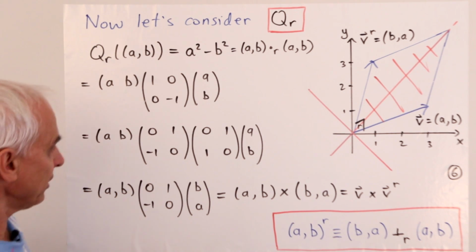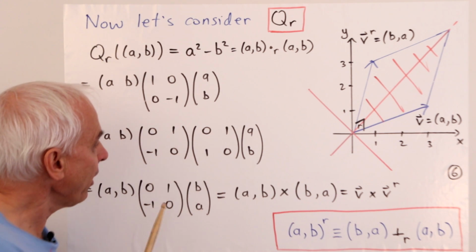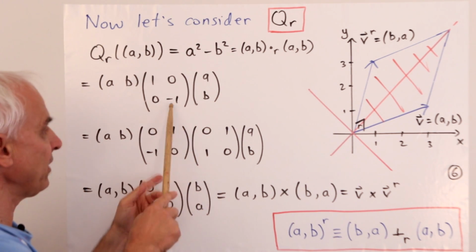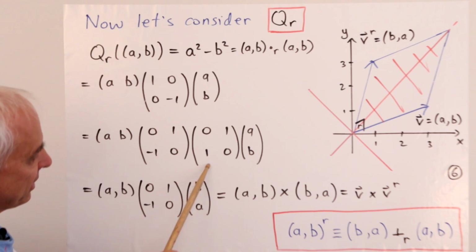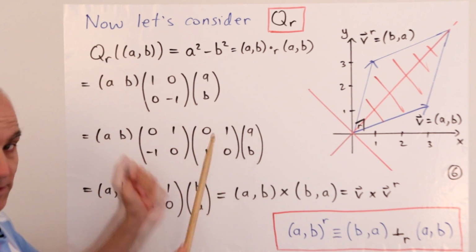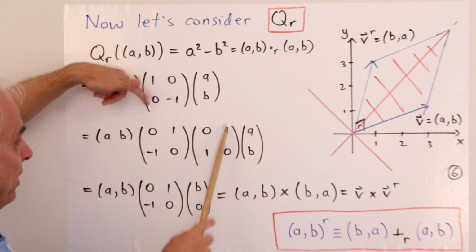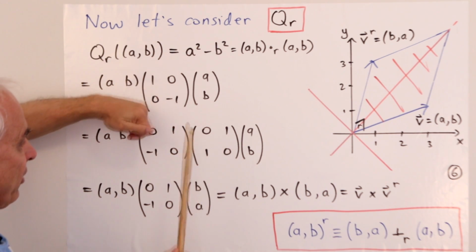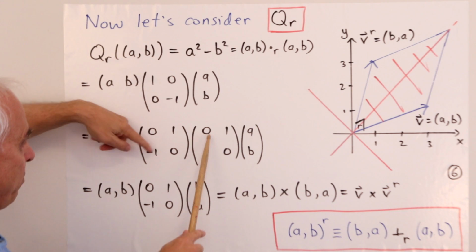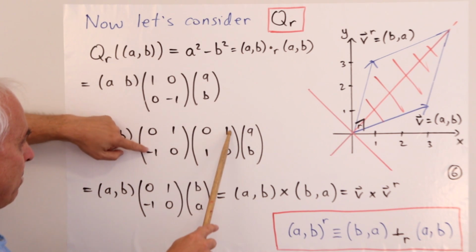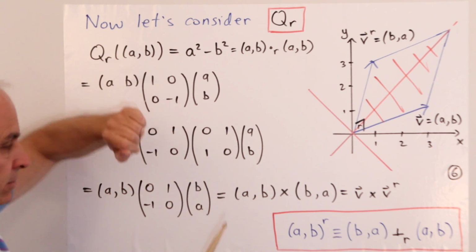Then we have to think a little bit about what matrix we're going to put here in order that this product be this one here. And you can see that this is going to work because if we take the product of these two matrices, the top entry will be 0 plus 1. Then this entry will be 0 plus 0. This entry will be 0 plus 0. And this entry will be minus 1 plus 0. So that does work.